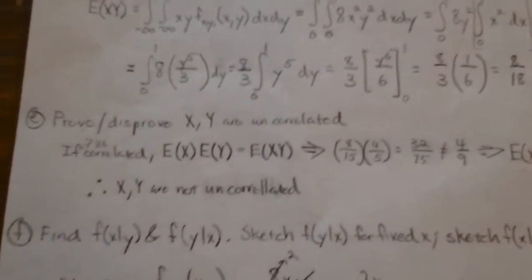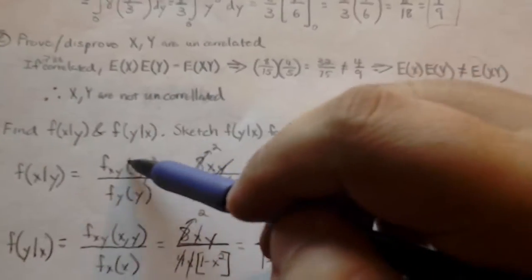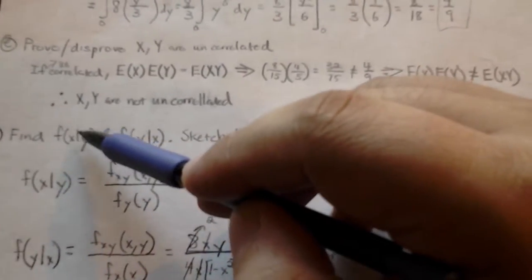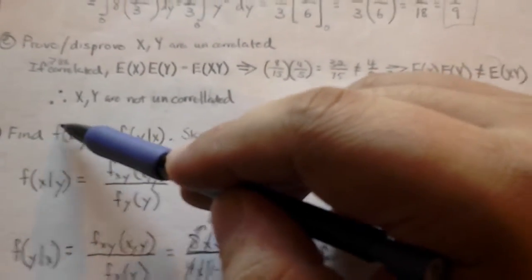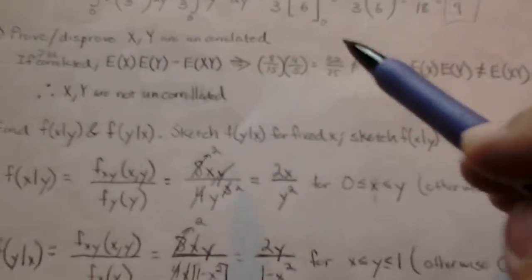That's our E. Now, for problem F, we have to find the conditional probabilities, the conditional density functions. First, x given y, and then y given x. And then we're asked to sketch these. What we do is basically use the formula.